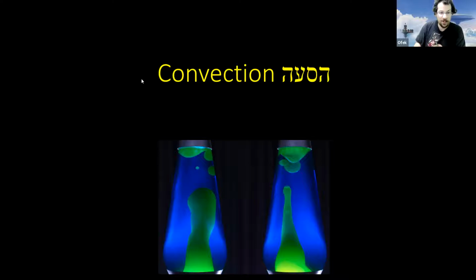And if you've ever seen a lava lamp, this device, which was very popular when I was a child, of course, the lamp provides heat to the liquid at the bottom, which causes it to get hotter, to increase in pressure, decrease in density, and then float up and create all of these bulk motions of blobs of matter held together by surface tension to rise up, cool as they rise up, and then drop back down when they're colder.